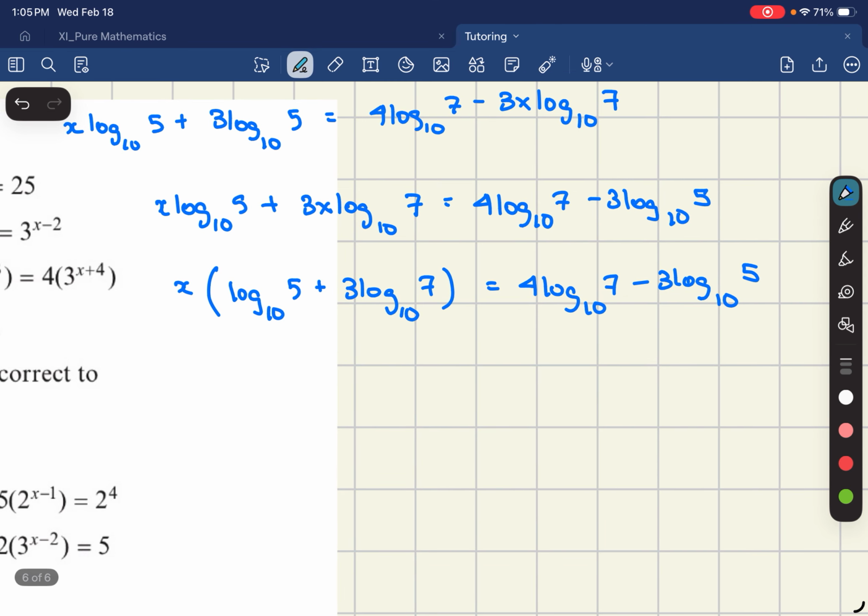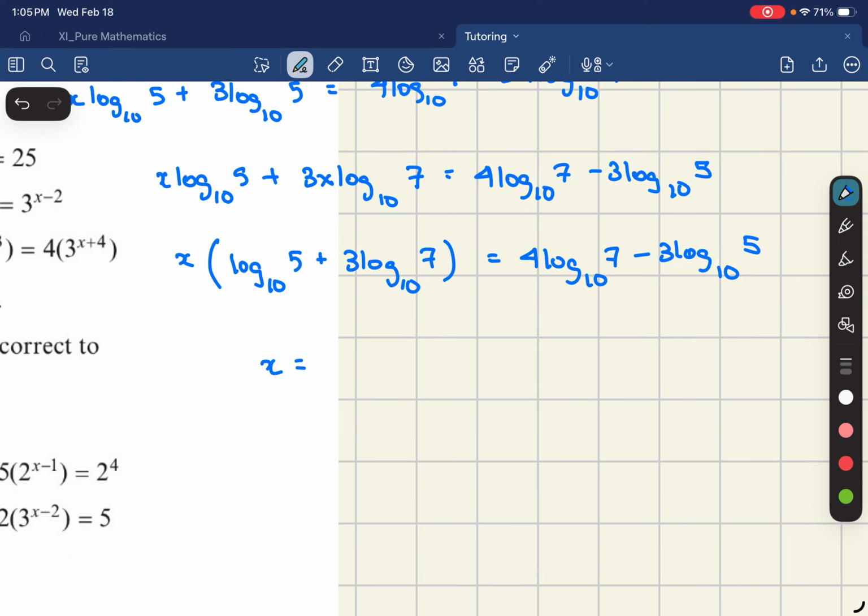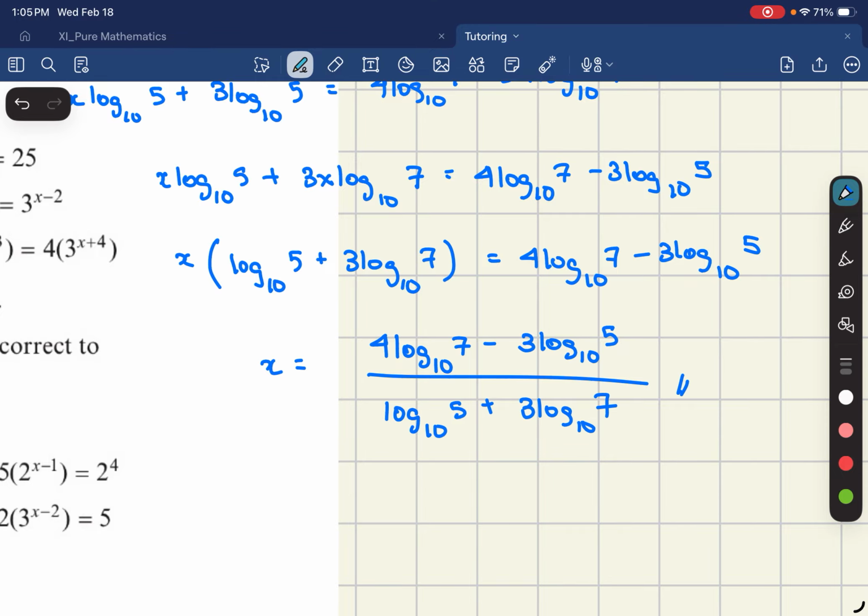So now I can finally solve for x. x is going to be 4 log base 10 7 minus 3 log base 10 5 divided by log base 10 5 plus 3 log base 10 7. So this is your final answer.